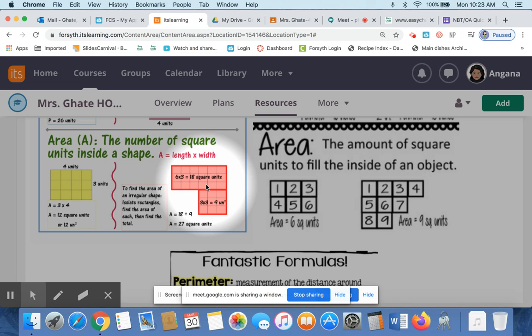So if you're confused, draw the shape on your paper because that's how you're going to learn this. And write in the chat box how many sides you will actually add to figure out this perimeter.